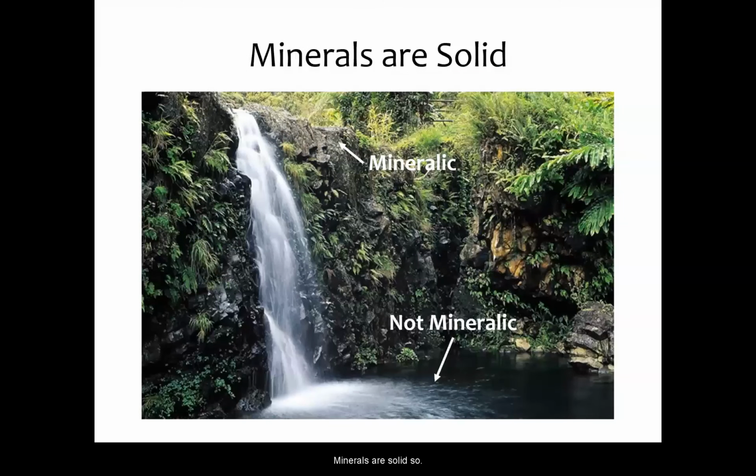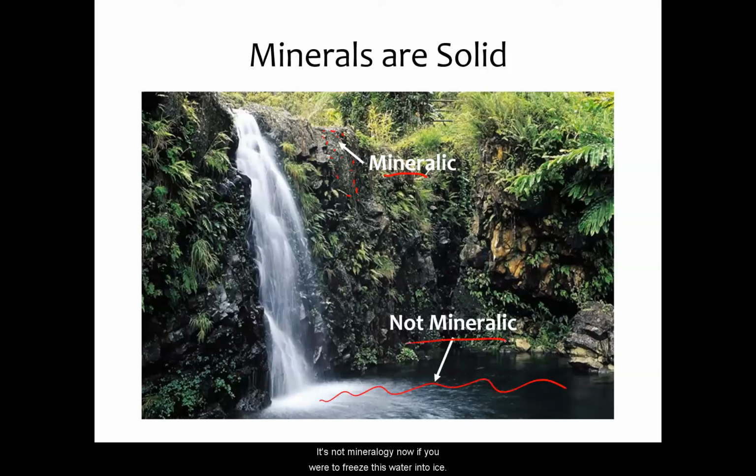Minerals are solid. So the material in here, this isn't one crystal of mineral, but this rock over here is made of those individual mineral crystals. If you looked more closely at it, you would see that this stuff is likely a mineral, whereas the water down here is not a mineral.